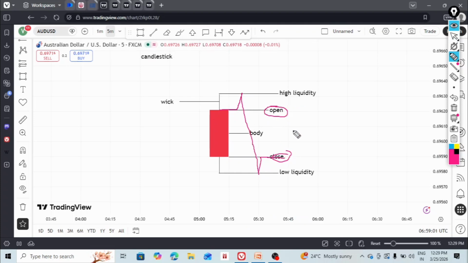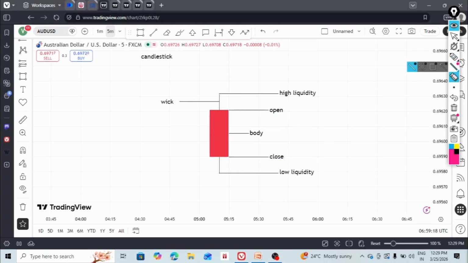So the opening price is higher than the closing price, which means the closing price is lower than the opening price.